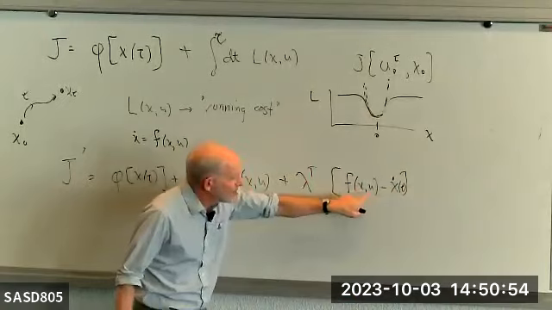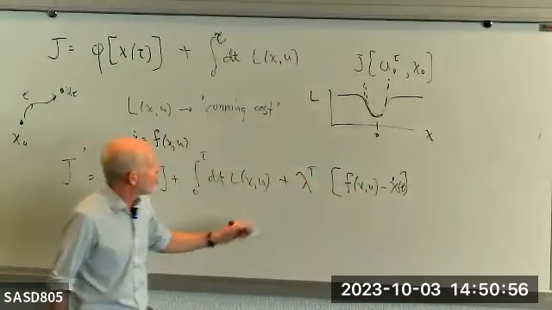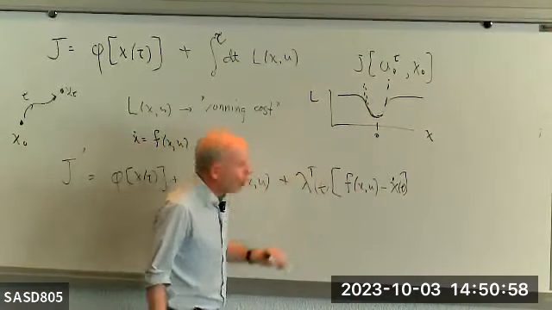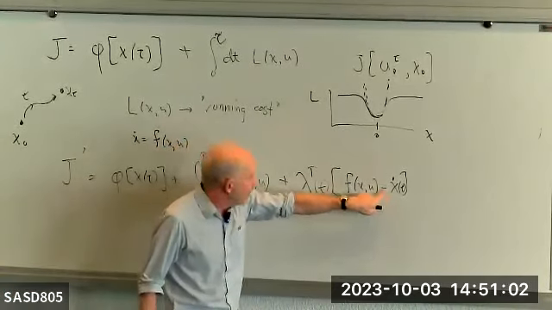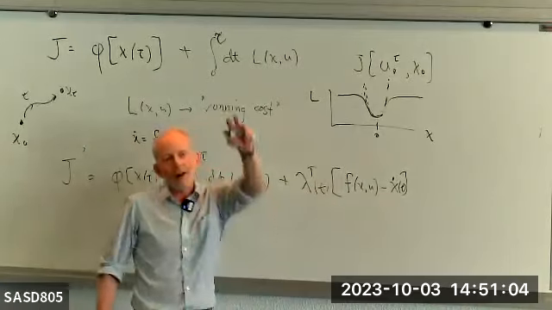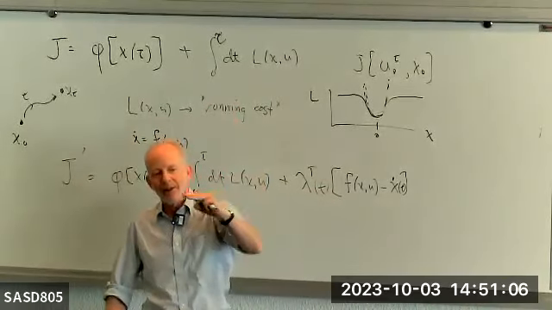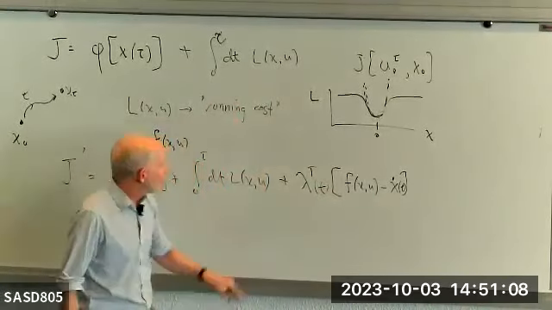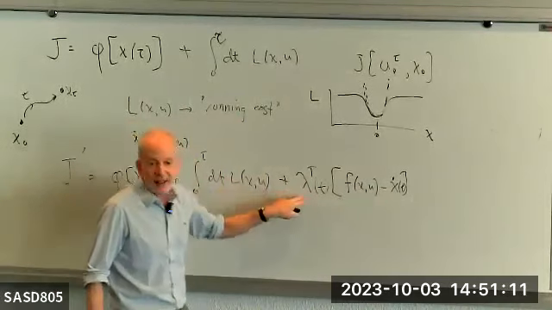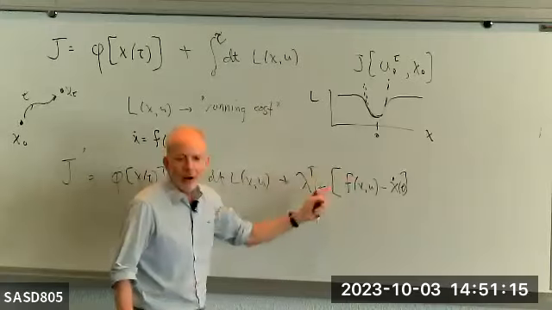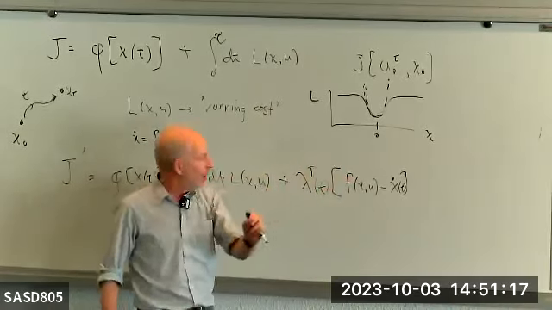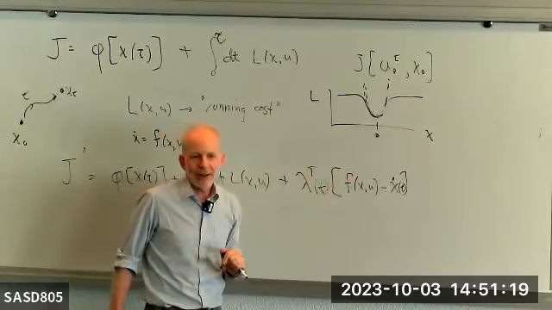So all of these X's and U's are functions of time. And so this Lagrange multiplier also has to be a function of time. This equation is an n-dimensional equation, right? There's one for every component of the X vector. And so we have to have n of these Lagrange multipliers, and they should be a vector so that they are applied to each component.